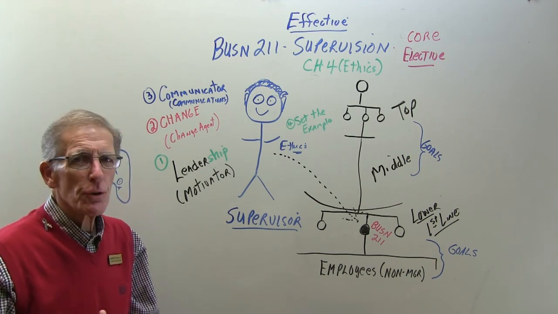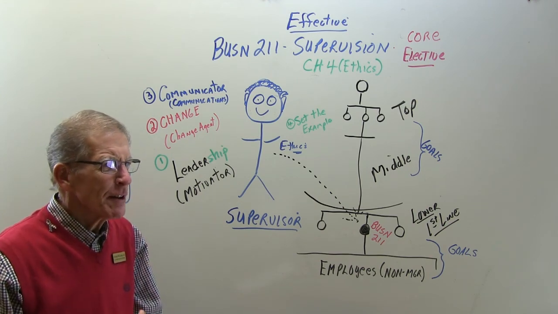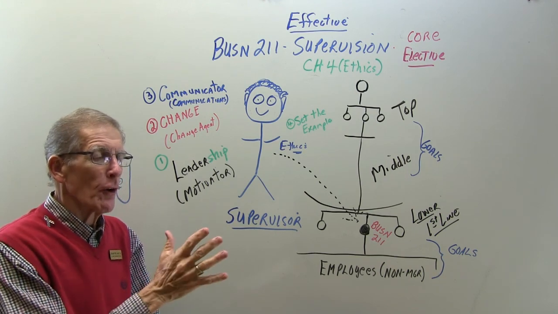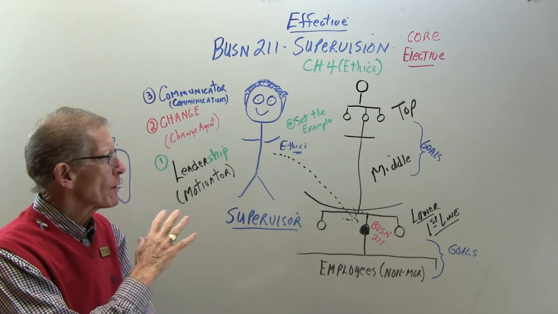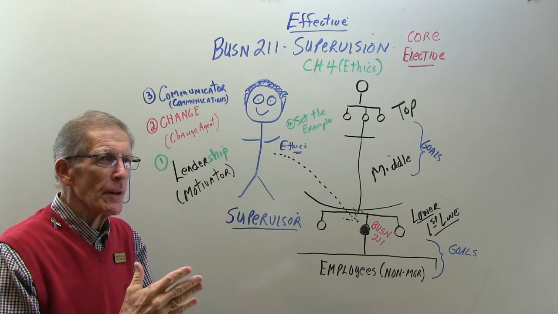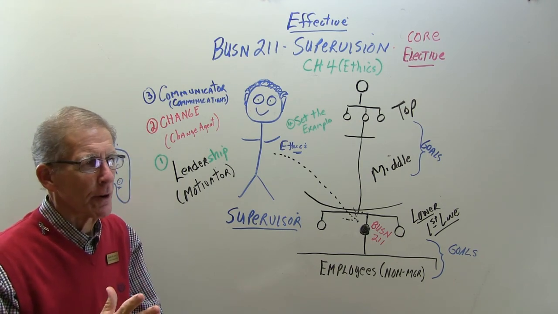Now, if you're looking at your study notes, there's something else right below that. It talks about 3 other questions that you can ask yourself concerning whether something is ethical or not. And those 3 questions are, is it legal, is it balanced, and how does it make me feel about myself?